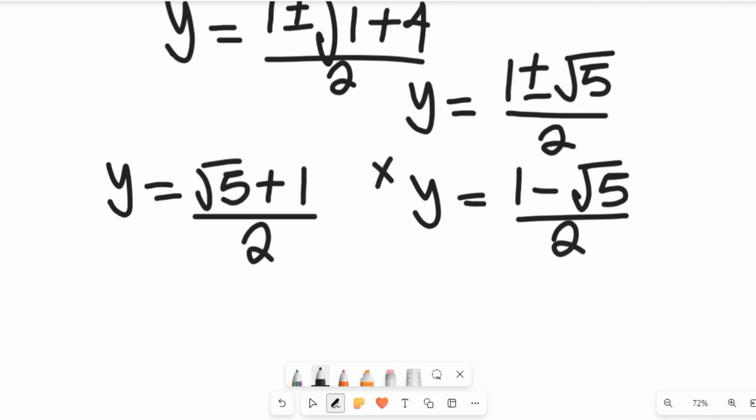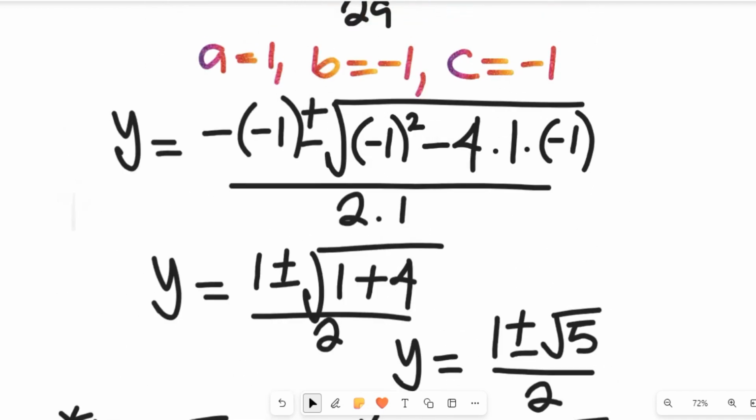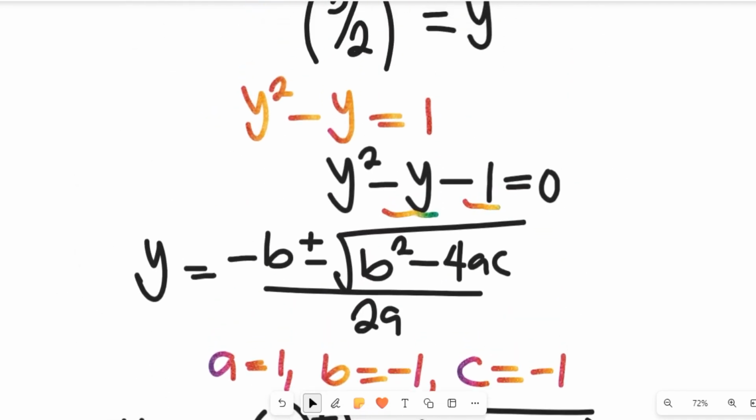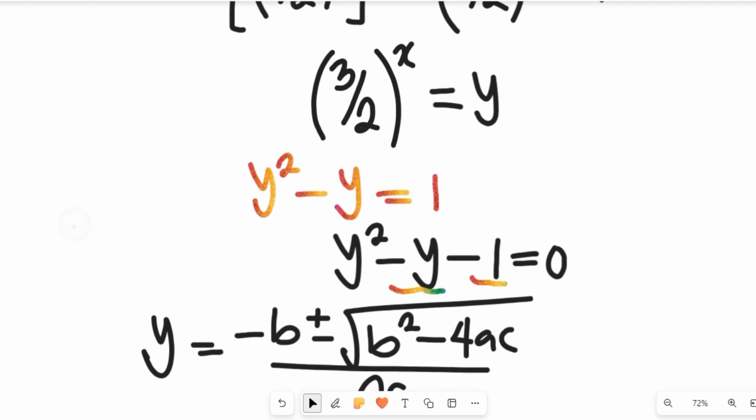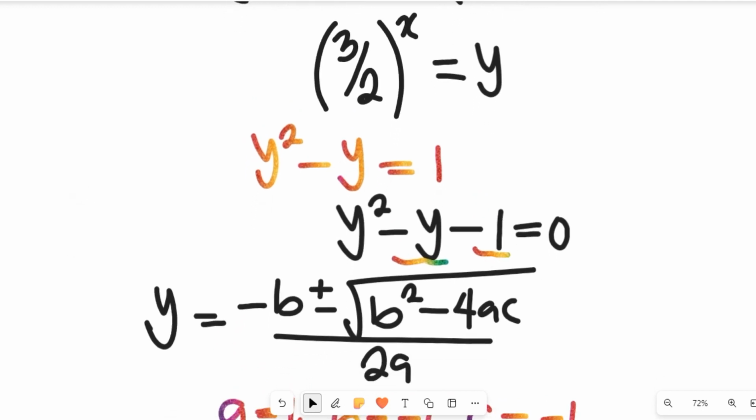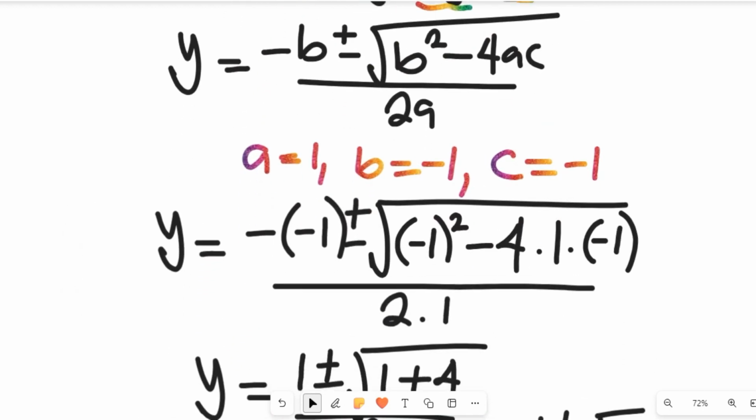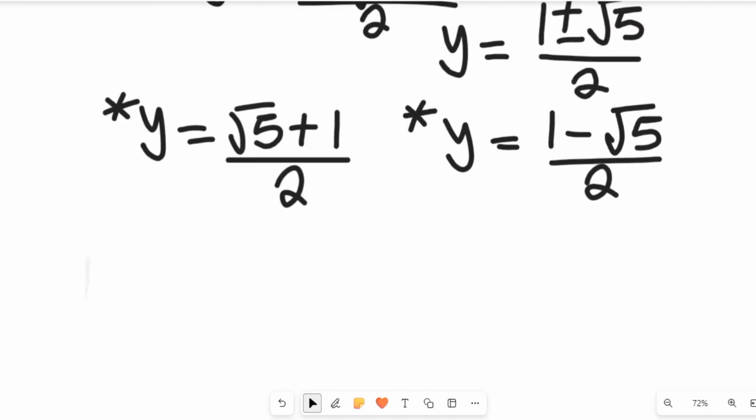So these are the two values of y we are going to get for that expression. Now recall earlier on that we said the value of 3 divided by 2 to the power of x is equal to y. So we're going to put that into that expression.